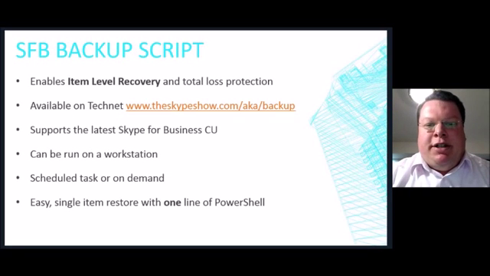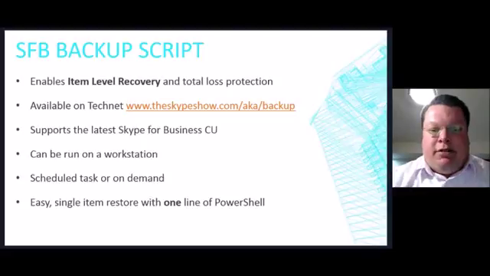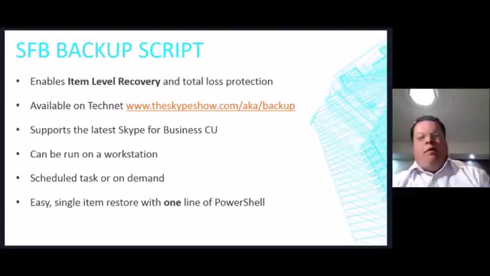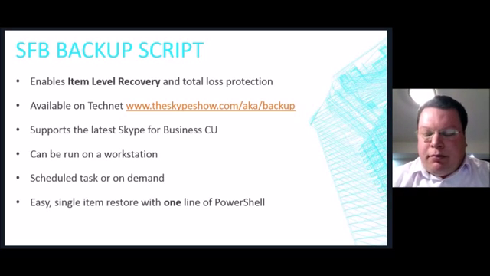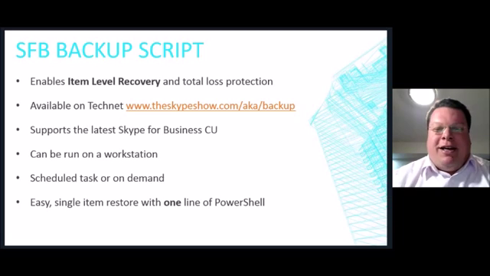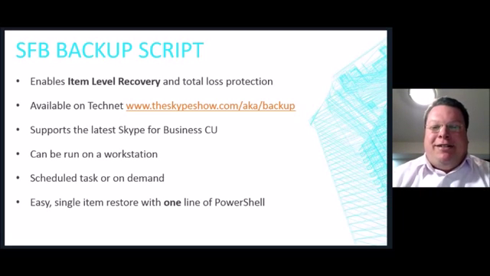In order to do that, I created a script a while ago, and there are other backup scripts out there. There's one very well-known one whose name I can't pronounce. I'm going to try, but I think he's called Lasse Vido. His backup script is a really good script for total loss recovery.